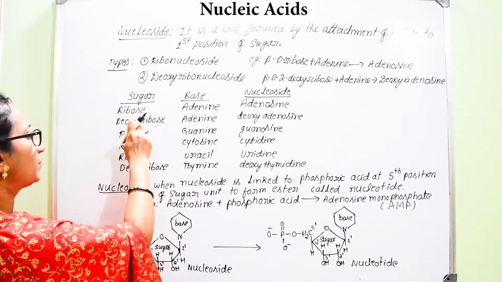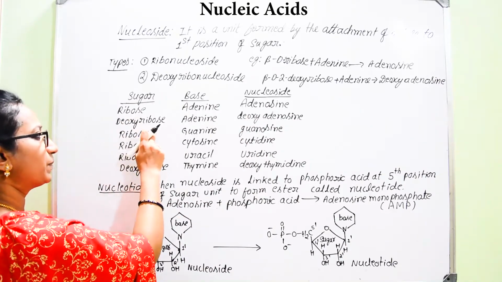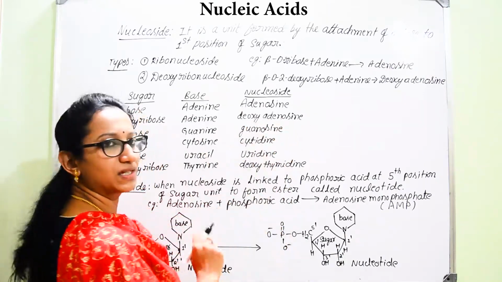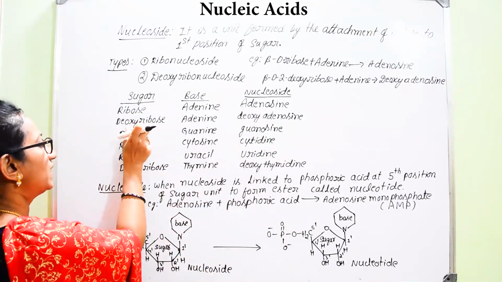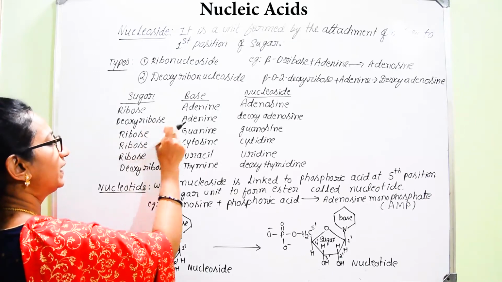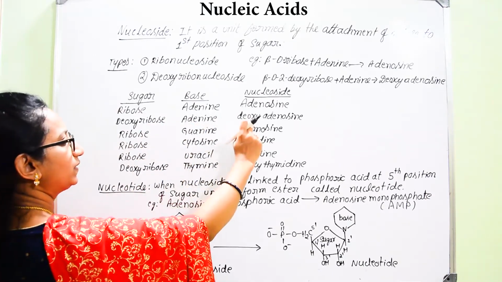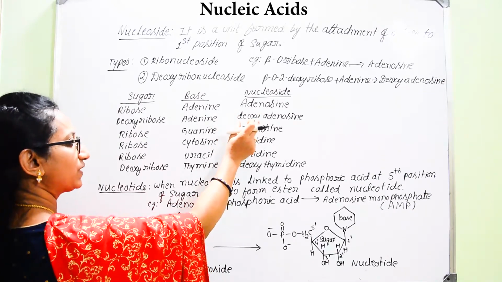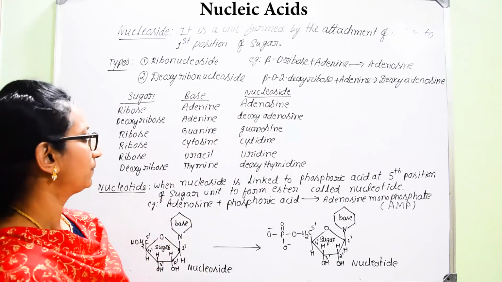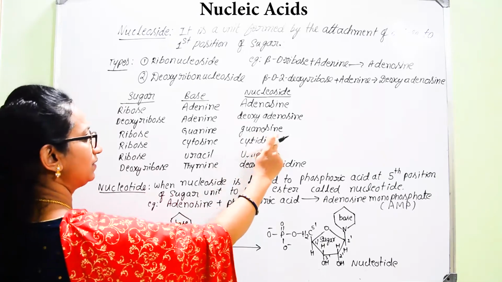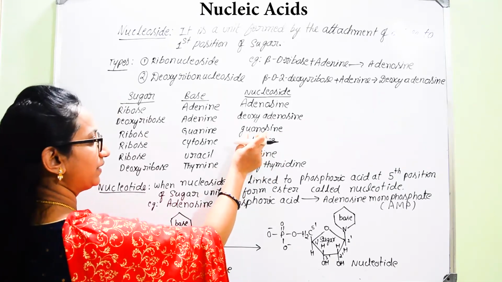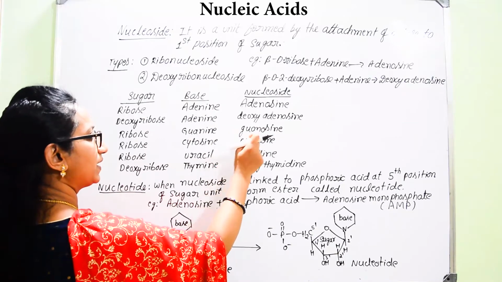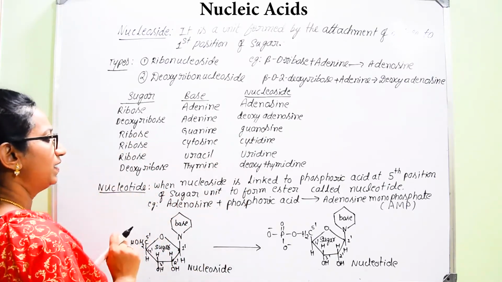But if instead of ribose we take deoxyribose, name the sugar and base present in deoxyadenosine. The answer is deoxyribose sugar, and the base is adenine. So the only difference here is that there is no deoxy in adenosine, but there is the prefix deoxy in deoxyadenosine. In the case of guanosine, as the name itself indicates, the base will be guanine, and there is no deoxy, hence the sugar is ribose.